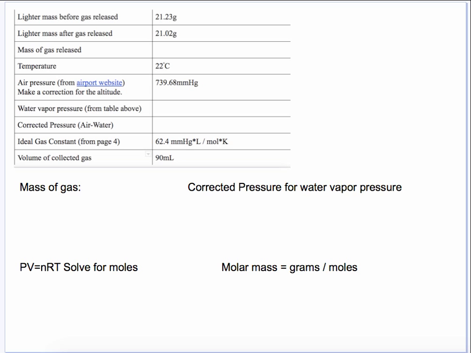With this made-up data, this person collected 90 milliliters. After we collected the gas, we remassed the lighter and found that it was 21.02 grams.